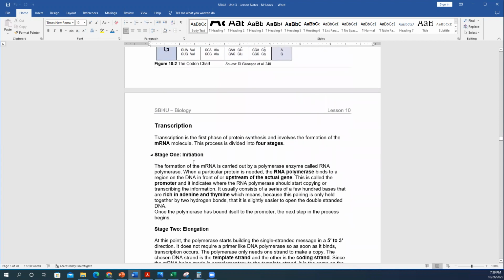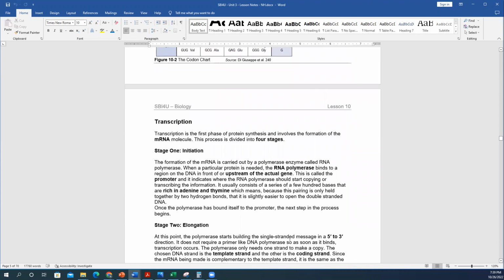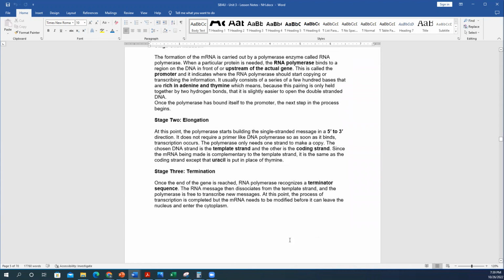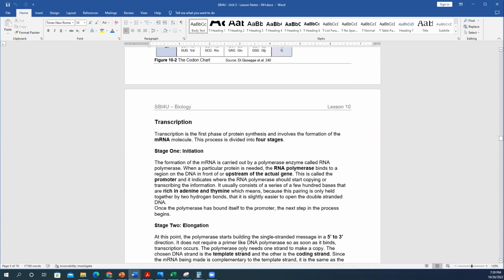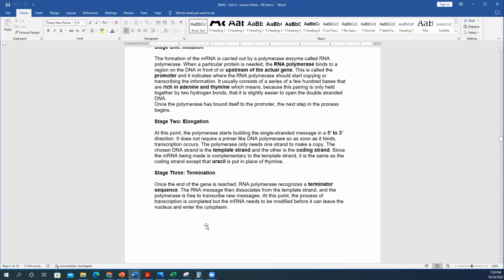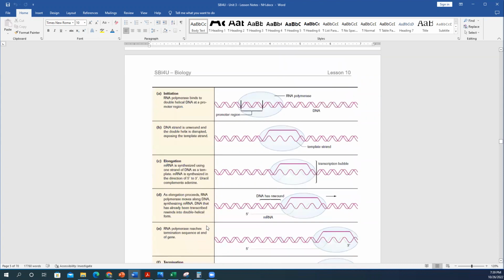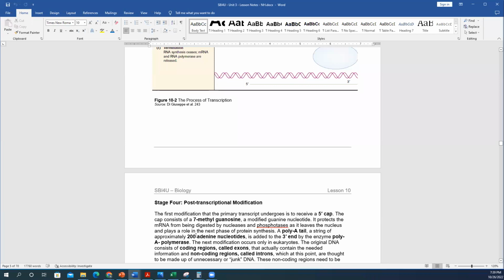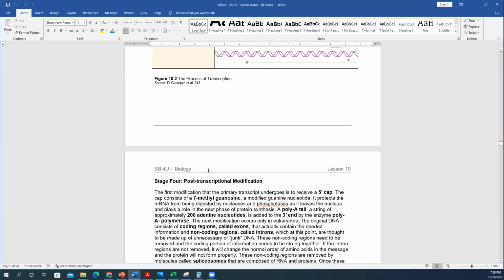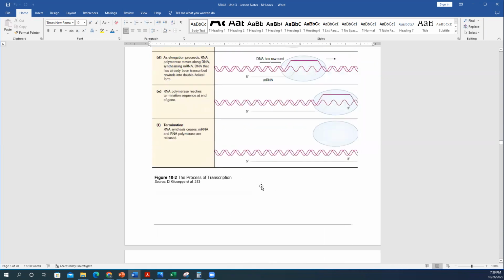We looked at transcription, how during transcription the mRNA is created, and it's done so under stages of initiation, elongation, and termination, followed by finally a fourth stage of post-transcriptional modification.